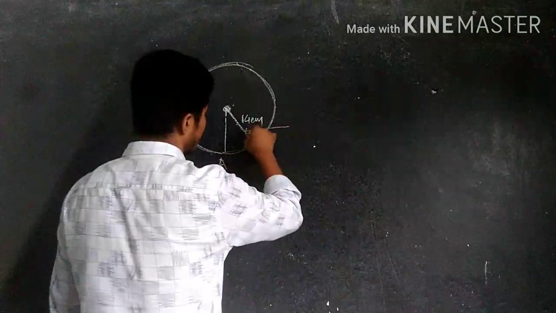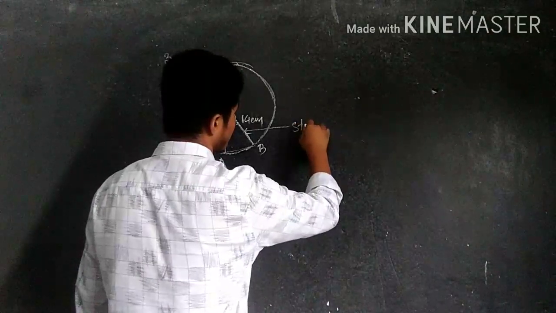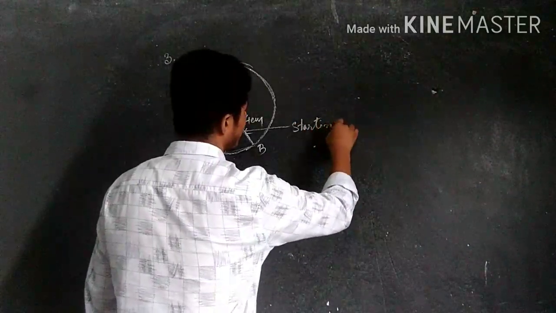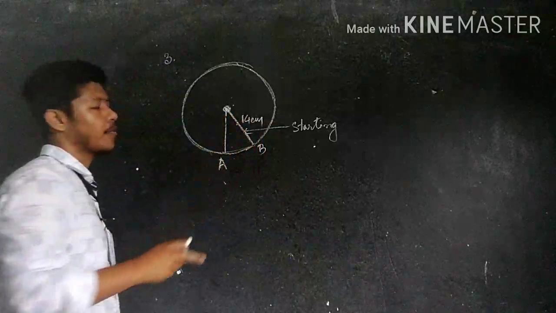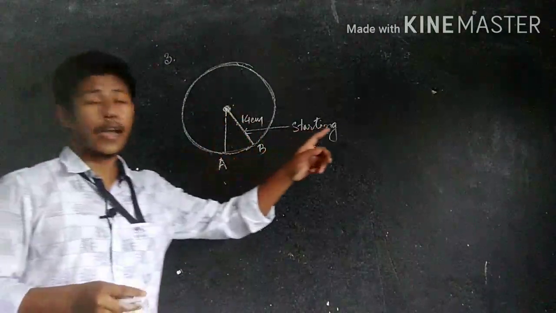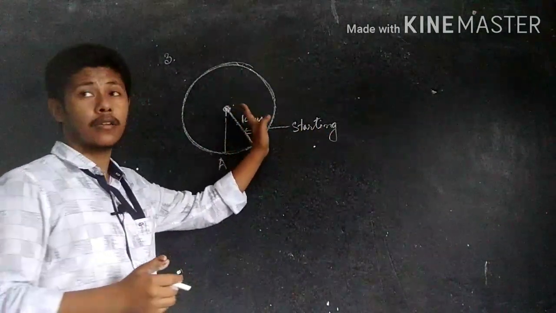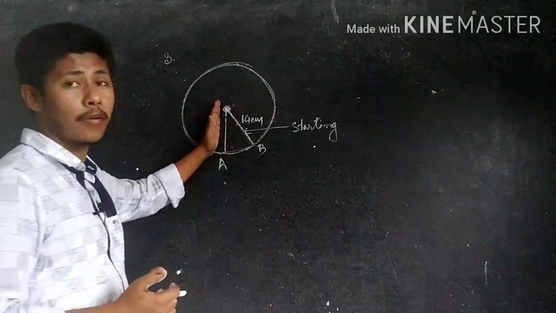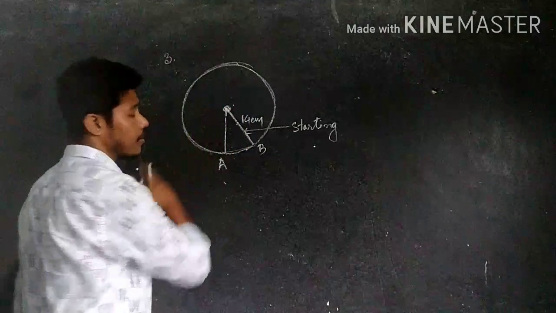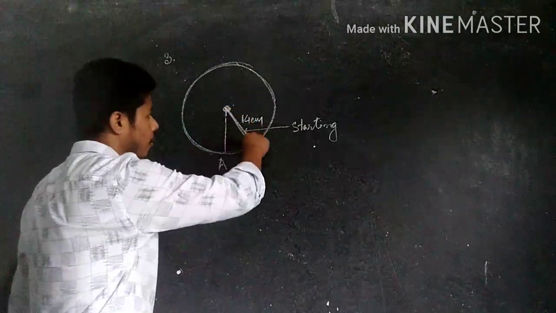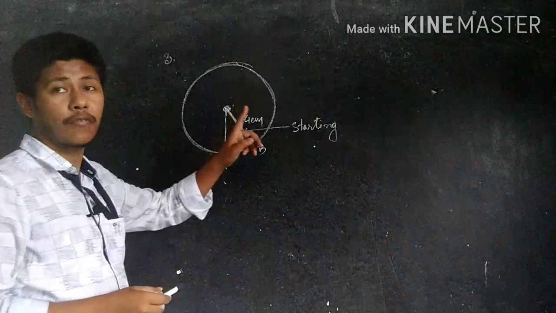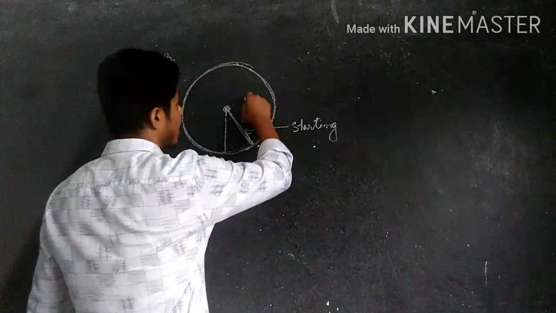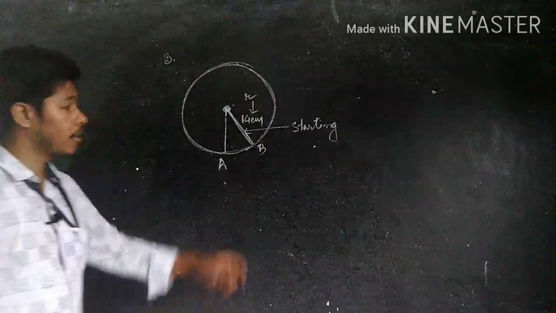Starting from here, this one is the starting, suppose, or anywhere you can place, but we represent here at this place as the start, and after 5 minutes the minute hand is placed here. So the length of the minute hand is already mentioned. This one is how much? 14. That means this one we can represent by r, radius, is not it?